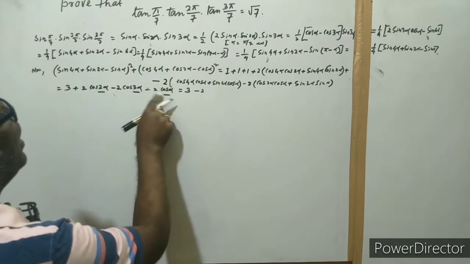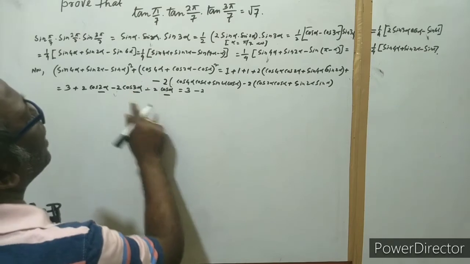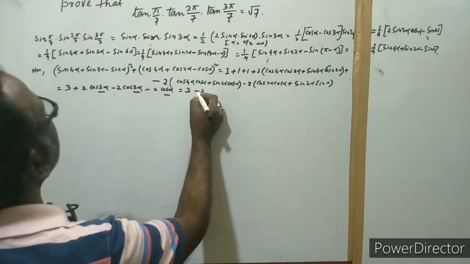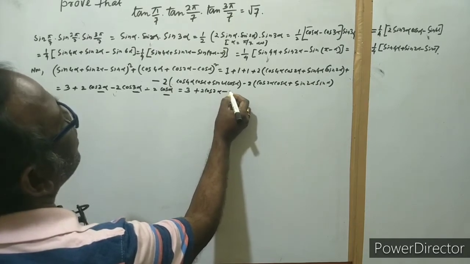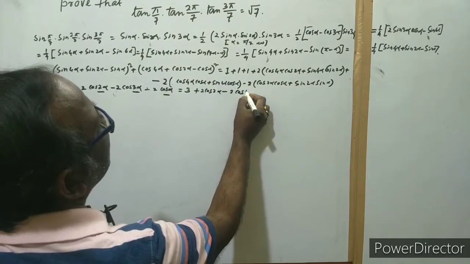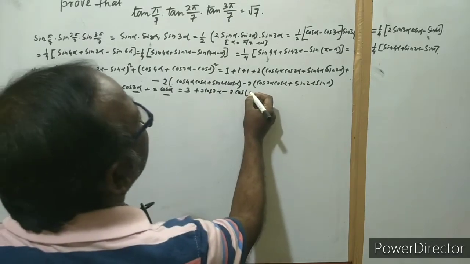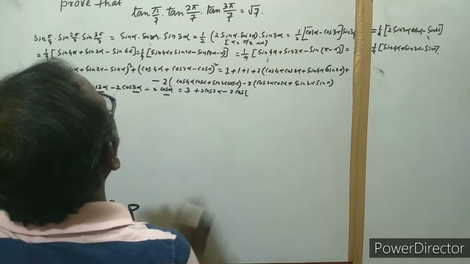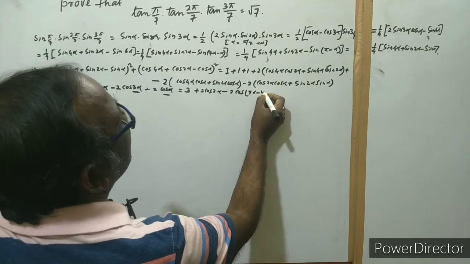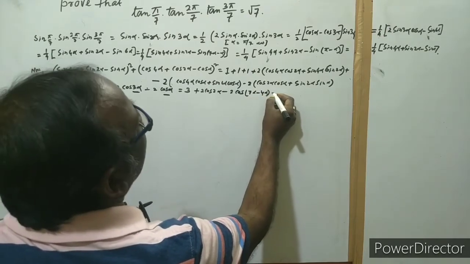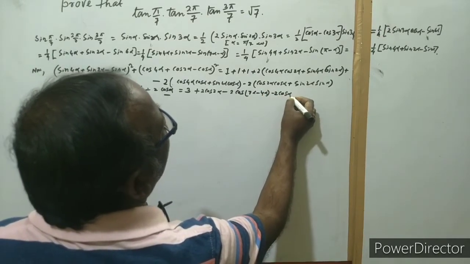So that is 2 alpha, and now we want to change this angle, and that's why plus 2 cos 2 alpha. This is 2 within the bracket. We can write here 7 alpha minus 4 alpha minus 2 into cos alpha.